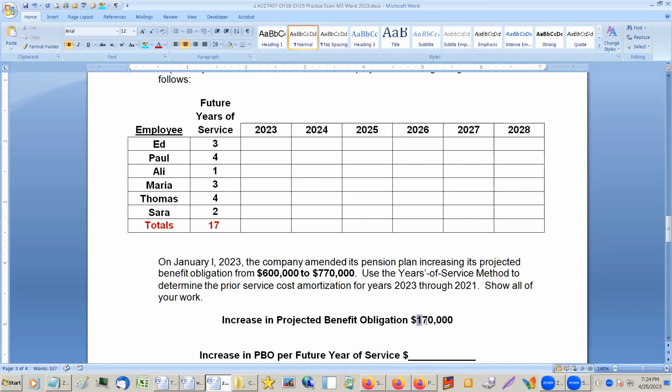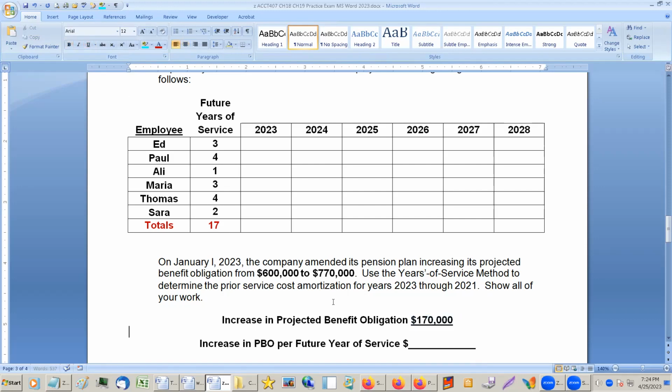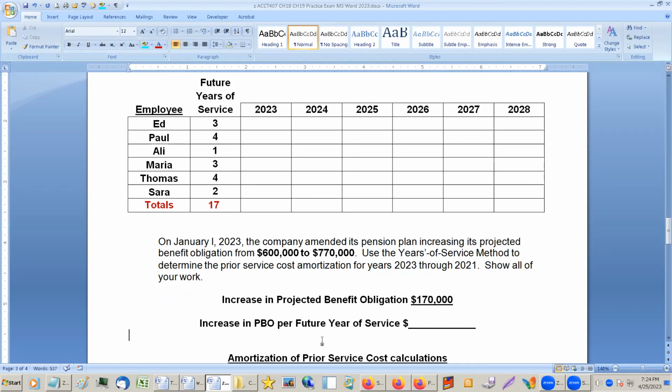So the increase is 170,000, and then we're going to say, okay, how much is it per future year? $10,000.